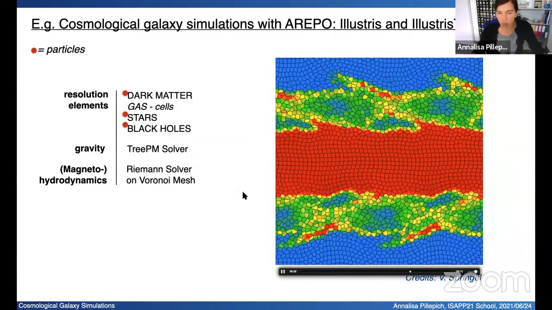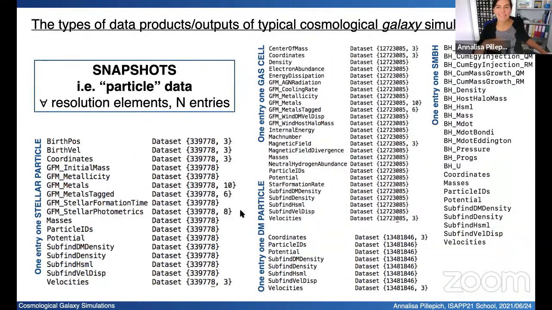But to be even more practical, I want to show you what the typical output of a galaxy formation simulation is. Okay? This is the snapshot. This is what we decided to save at a given point in time as the simulation was running. So if you were to do only a dark matter simulation, you would need to know the coordinates and the velocities. So these are 3D doubles, 2 times 3D doubles, and say the potential sampled by the dark matter particles. But if you do a hydro simulation, you also get the gas cells.